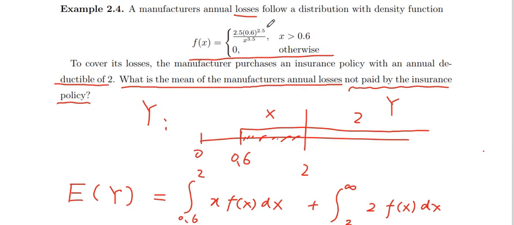This is just a coefficient, like x to the negative 3.5, and some constant k, 2.5 multiplied by 0.6 to the power 2.5. This k makes the function a density function, so total probability is 1.